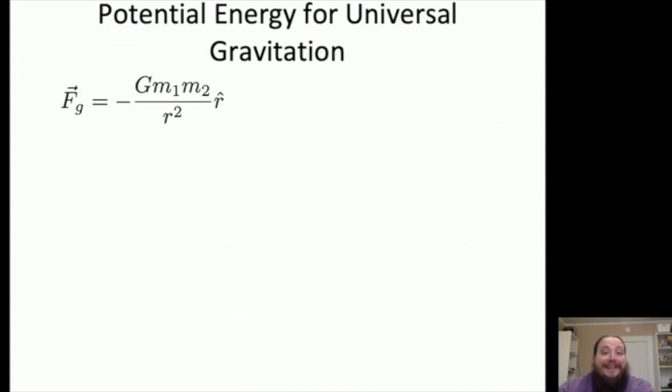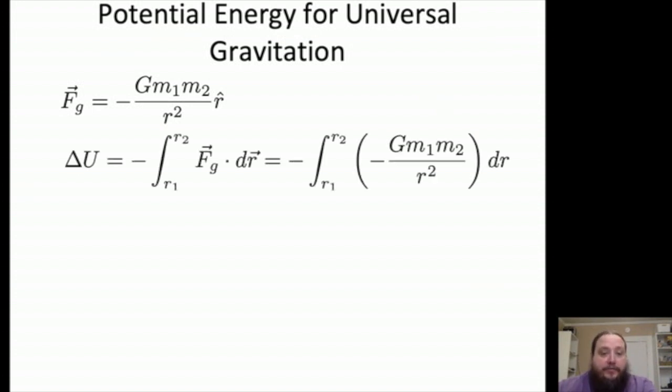If we wanted to look at the potential energy that we would get from using Newton's gravitational law, then again we would define the change in the potential energy as the work done by this gravitational force. So we would plug in Newton's universal gravitation law here for the force law and do this integral.